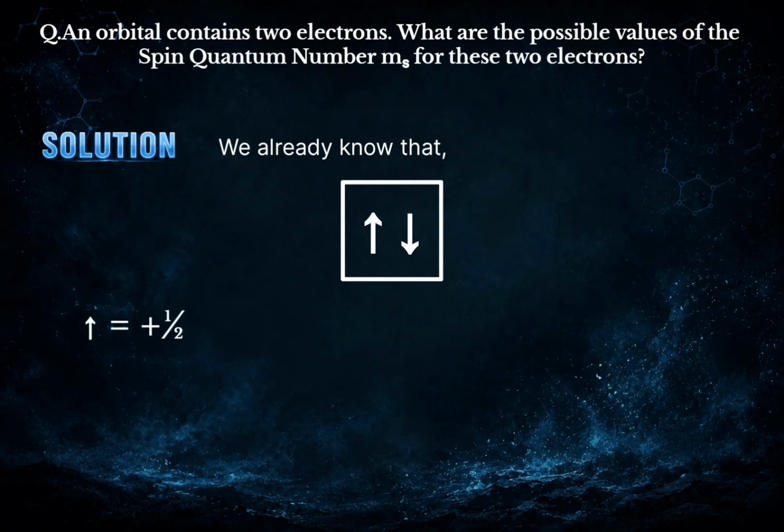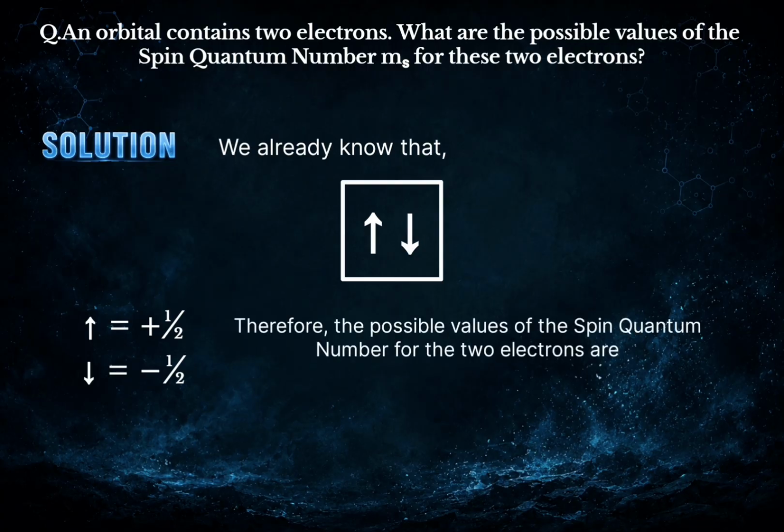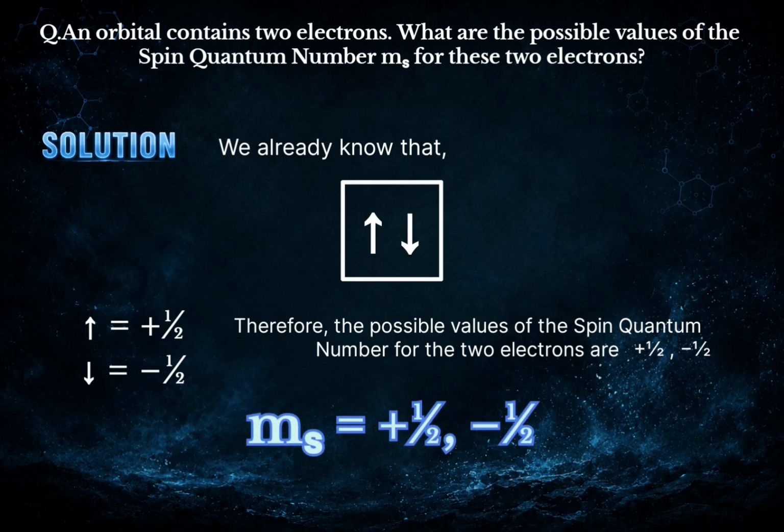The value of spin up is plus 1/2, and the value of spin down is minus 1/2. Therefore, the possible values of the spin quantum number for the two electrons are plus 1/2 and minus 1/2. So the correct answer is m sub s equals plus 1/2 and minus 1/2.